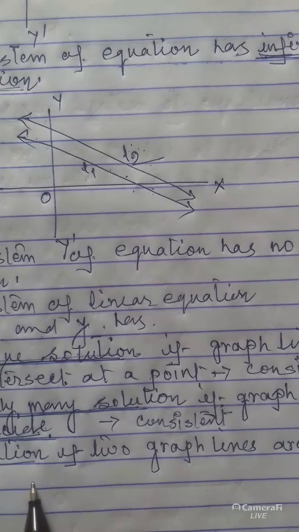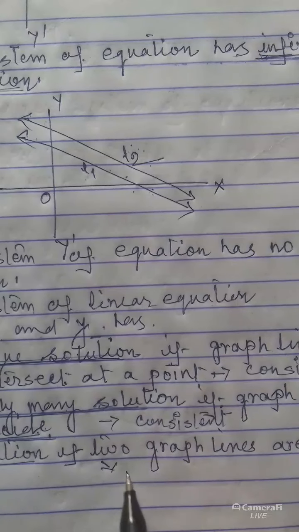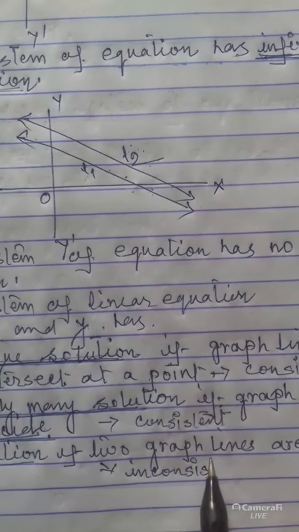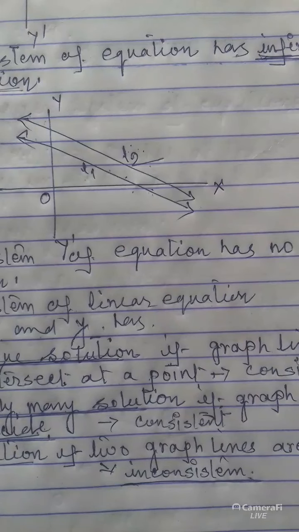But for no solution, the given system is inconsistent, because there is no solution and the two graph lines are parallel to each other.